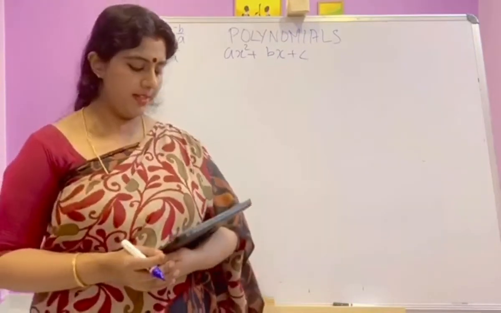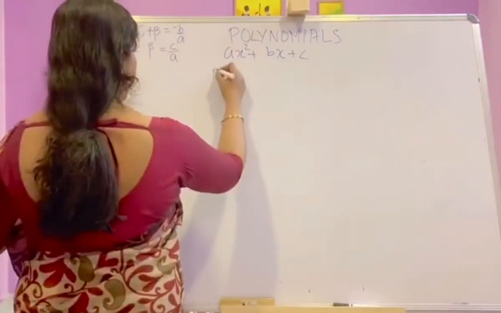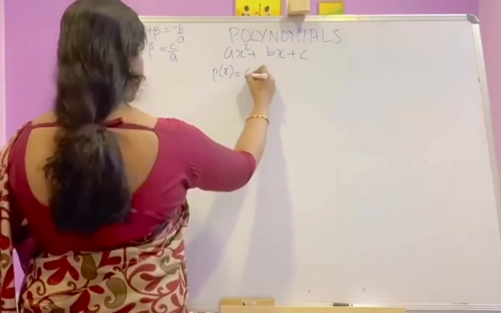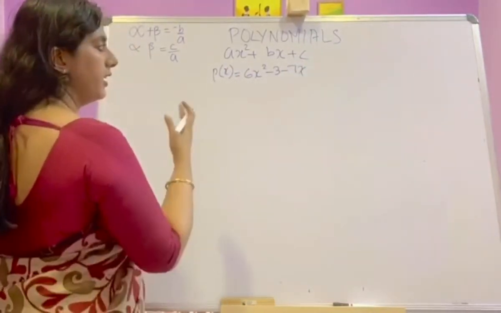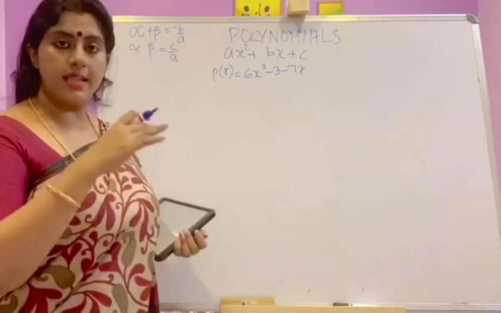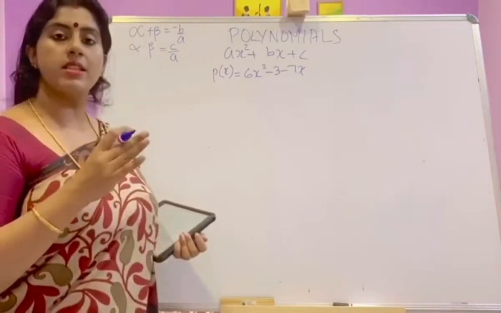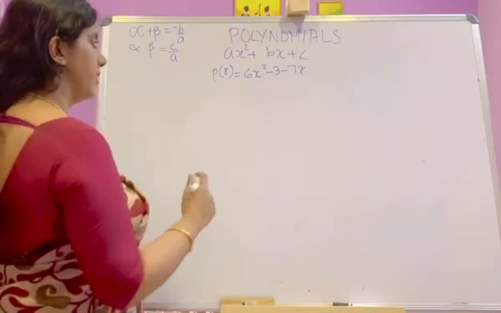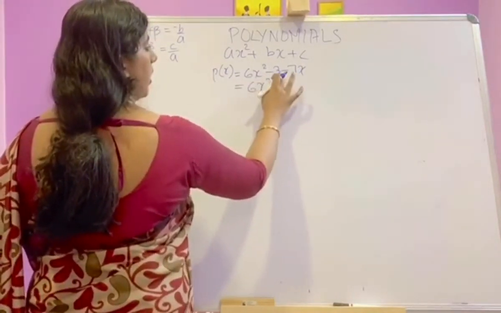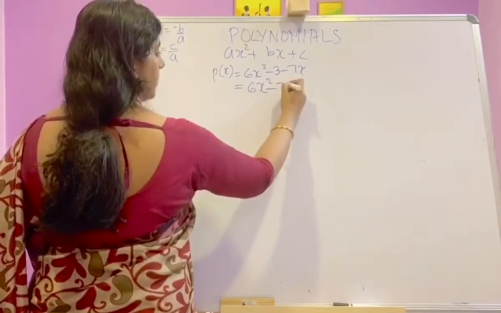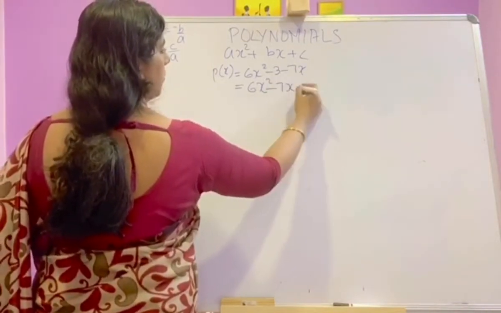Next polynomial is p of x is equal to 6x square minus 3 minus 7x. Here, it is not in the descending order of powers. First, you want to rearrange it. So, it is equal to 6x square, now this 7x term is here in the middle, now minus 3.